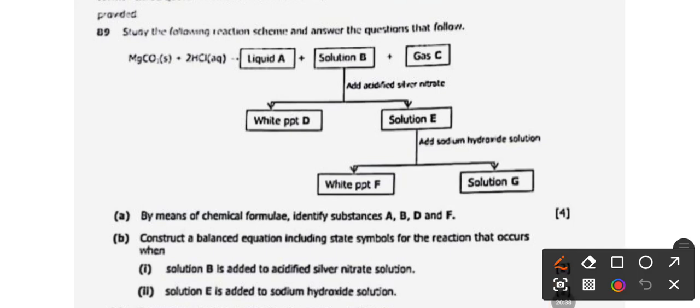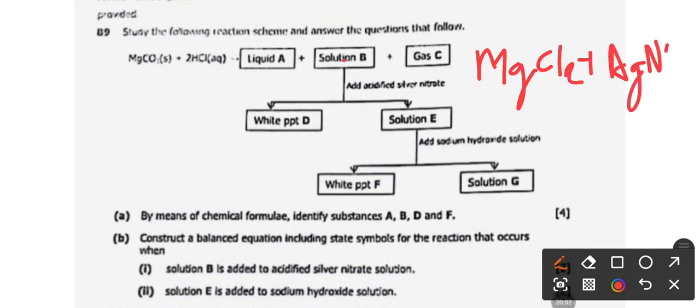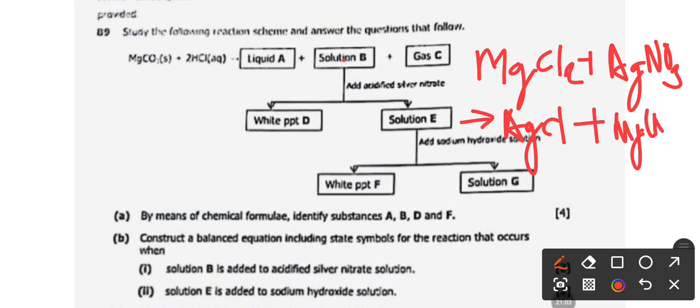Solution B here is magnesium chloride. So magnesium chloride plus silver nitrate will give me silver chloride plus magnesium nitrate. We should remember that the silver chloride, since it is a precipitate, is in solid state, and the magnesium nitrate is in aqueous solution.